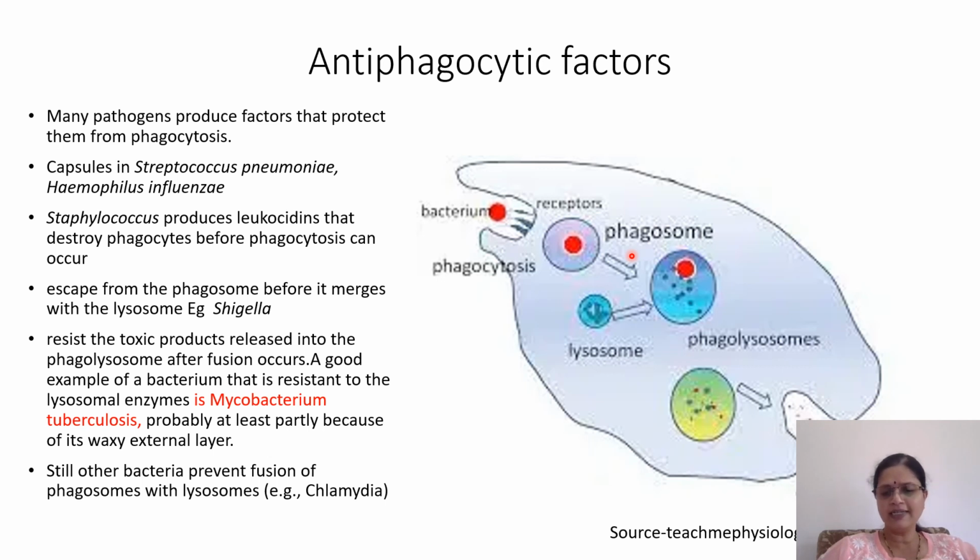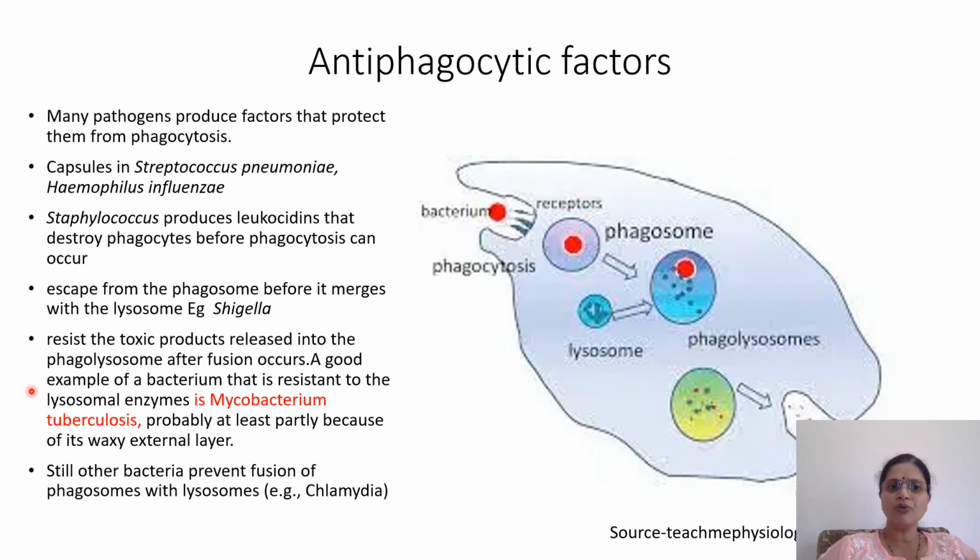For now that detail is not necessary. If you want, you can search the internet, you will get the information. Just remember this, Shigella will escape from the phagosome even before the lysosome gets fused with the phagosome. This is another way of escaping. Escape agi from the phagocytic cell itself, it will get escaped. Okay, so that is another way.